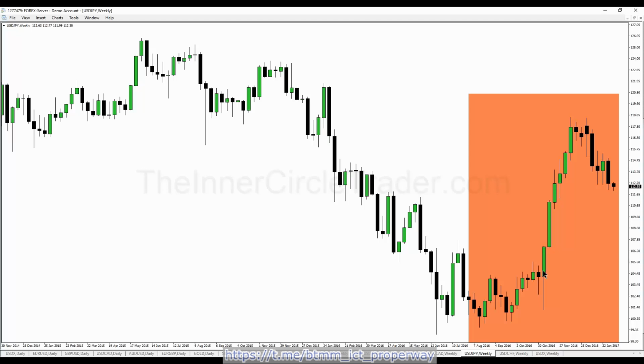Looking back at the last 60 days, you'll be able to see where the liquidity pools are and what IPDA data ranges would be most likely targeted. What liquidity pools, what voids need to be filled, what old highs need to be violated or retested, or old lows, all those ideas. What breakers above and below the marketplace, all these ideas, you're still going to use them on the monthly and weekly time frame.